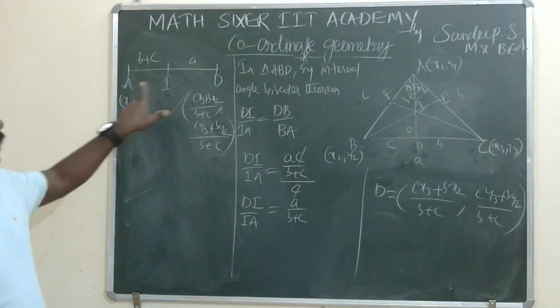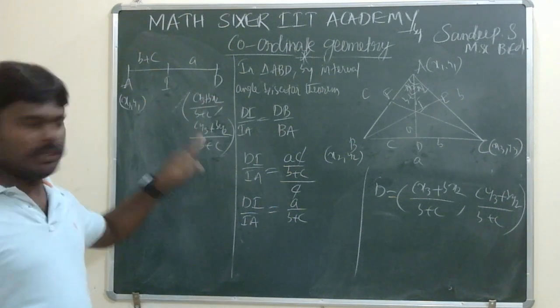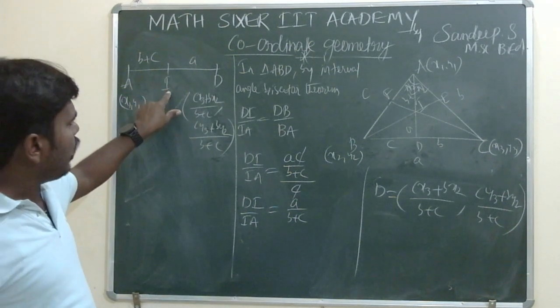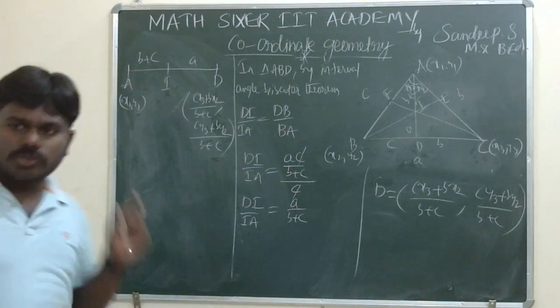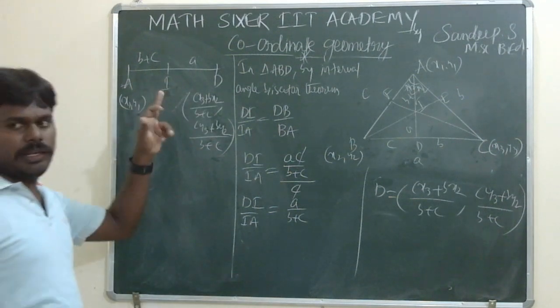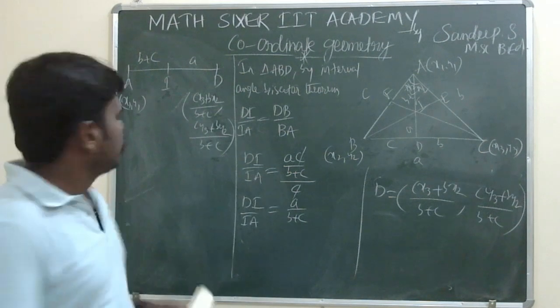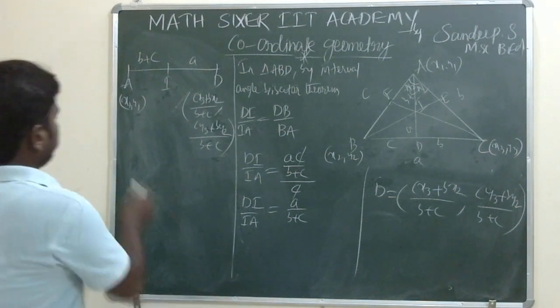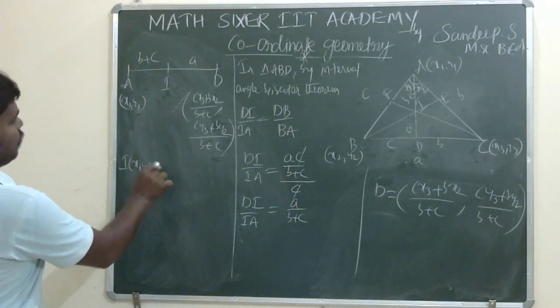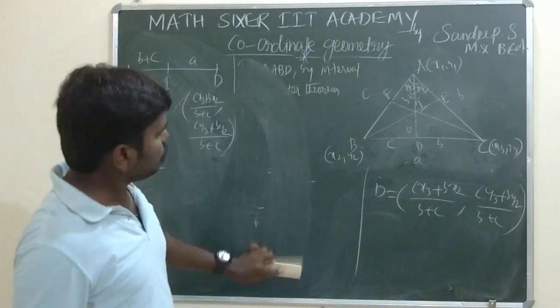Now we know the two vertices and we know in which ratio I is dividing AD. So we can find I by applying the section formula again. So again if you want to apply, what? Here I of x comma y is equal to what here?